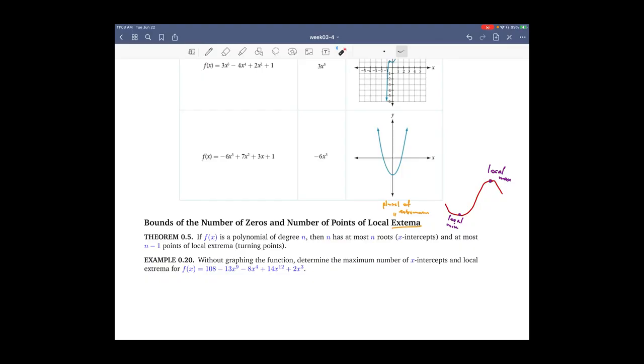It's easy to give an example of a polynomial that has no roots at all. For example, consider the quadratic function x squared plus 1. It is a parabola, x squared raised upward by 1 unit.